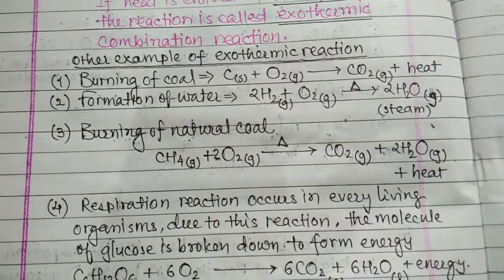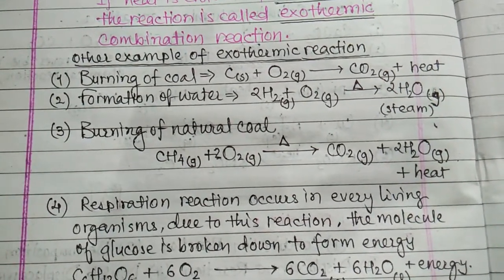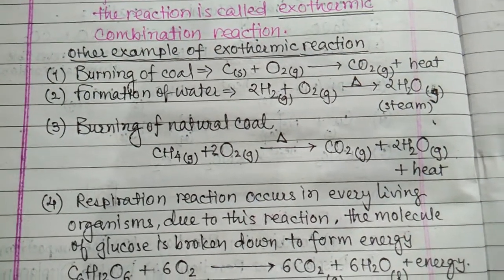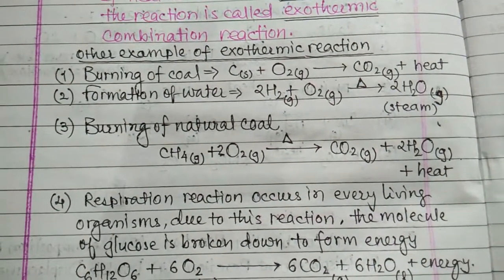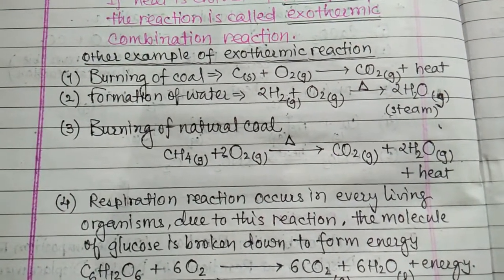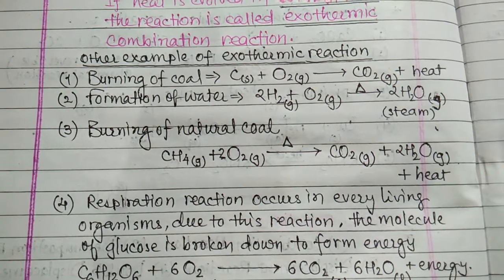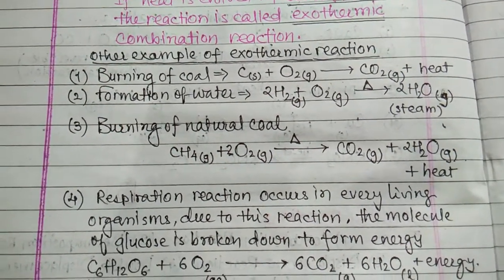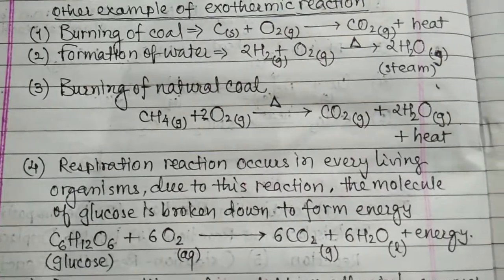Water formation: when hydrogen gas is burned in the presence of oxygen, it gives water steam. It is also a combination reaction and an exothermic reaction. Burning of natural gas.